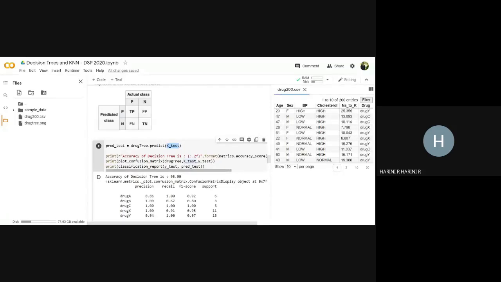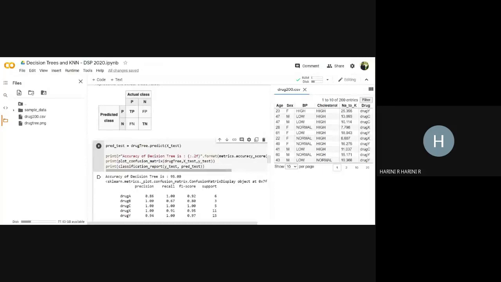We get all the predictions in this test array, and then we are going to compare it with the actual correct value of drug. That's in the Y test. The Y test has all the correct answers, and the pred test has all the predictions made by the decision tree classifier.